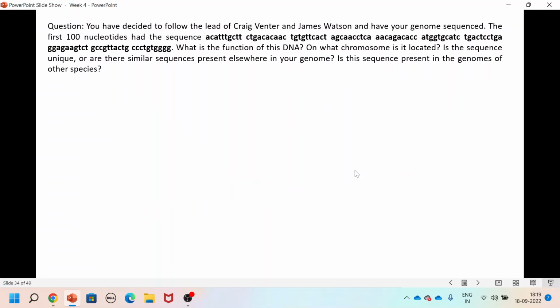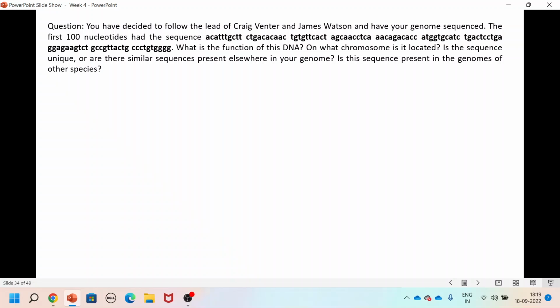Now, this is the complete summary question of what we have studied today. We have decided to follow the lead of Craig Venter and James Watson, and I sequenced my genome. The first 100 nucleotides of my sequence have the following sequence. What is the function of this? How would I find the function of this DNA?